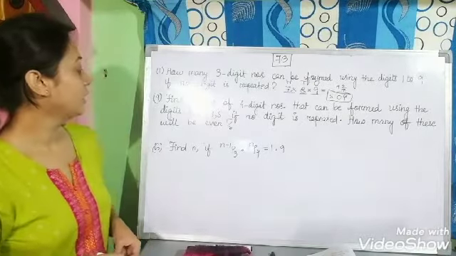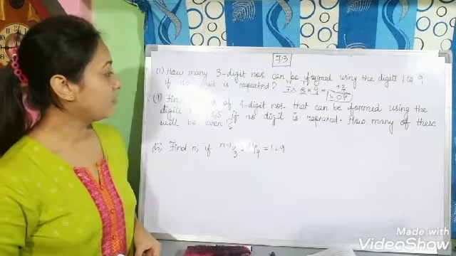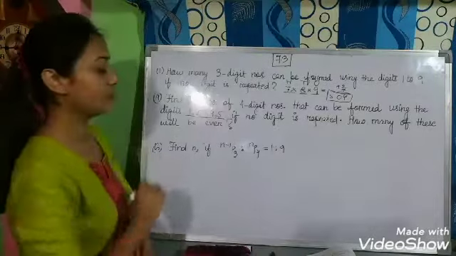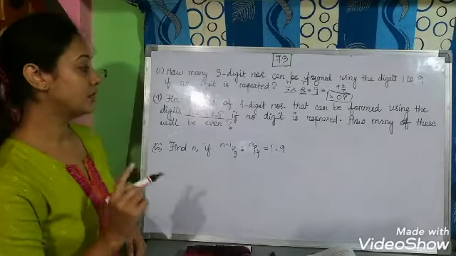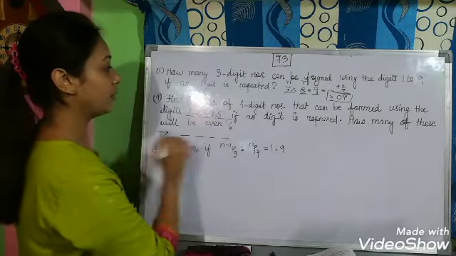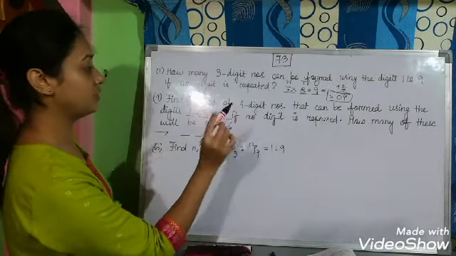Now the next is, find the number of 4-digit numbers that can be formed using the digits 1, 2, 3, 4, 5. Total 5 digits are there, if no digit is repeated. Okay, let's find it out. You are asked to find 4-digit numbers where no digit is repeated.